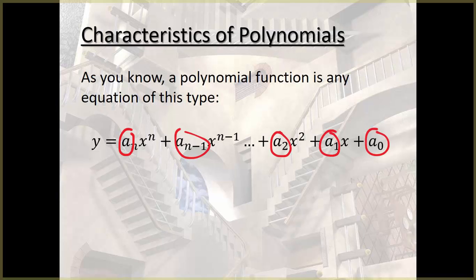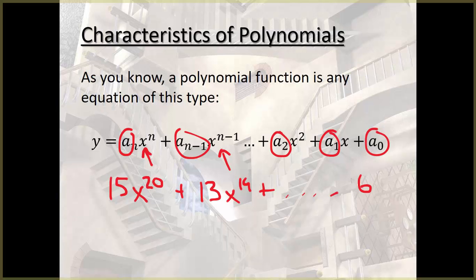They're just numbers. And x to the n is our highest power, and then it goes to x to the n minus 1 and so on. This could be 15x to the 20th plus 13x to the 19th plus and so on, and in the end there's just a number at the end, whatever that may be.